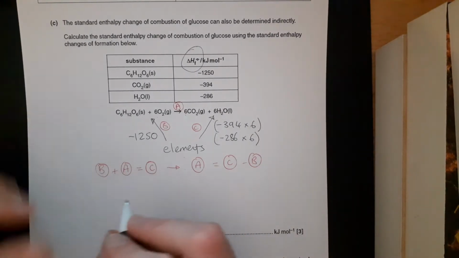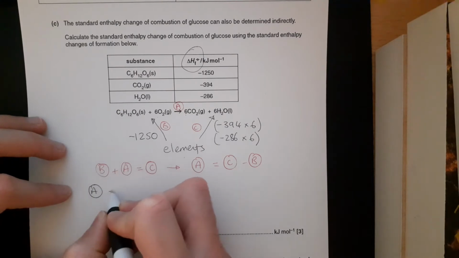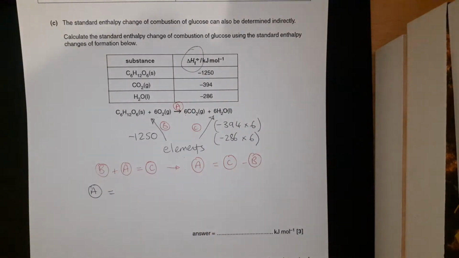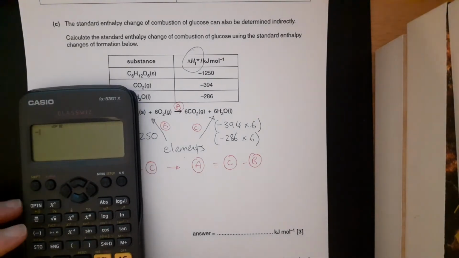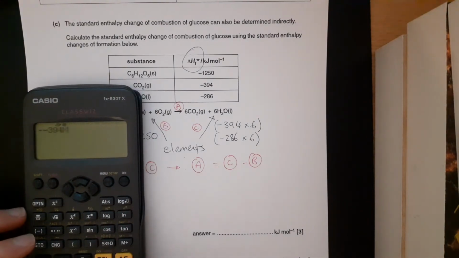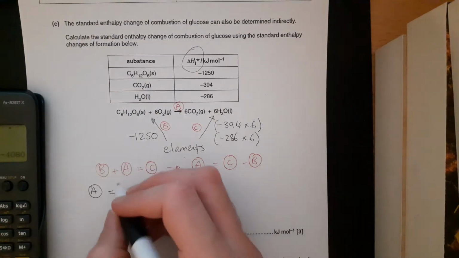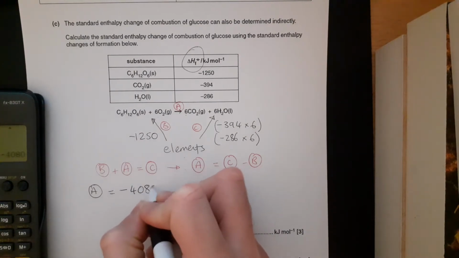Okay, so let's calculate this then. So our enthalpy change, the one we're interested in, is going to be this. Okay, let's work this out. Let's just add that up first. So we've got minus 394 times 6. Minus 286 times 6. So that's minus 4080. So that is C. It's minus 4080.